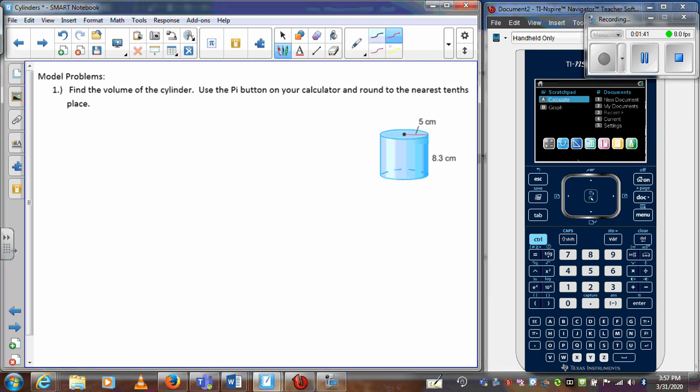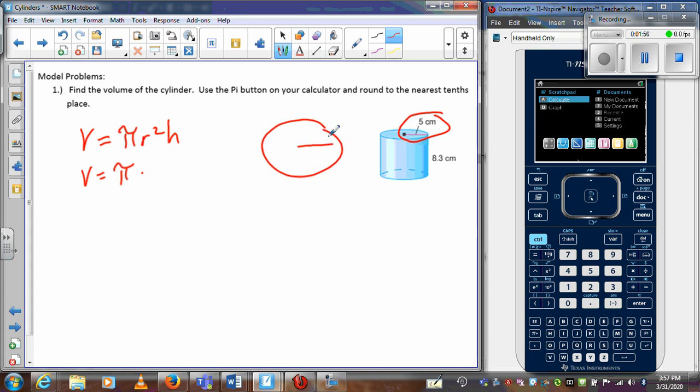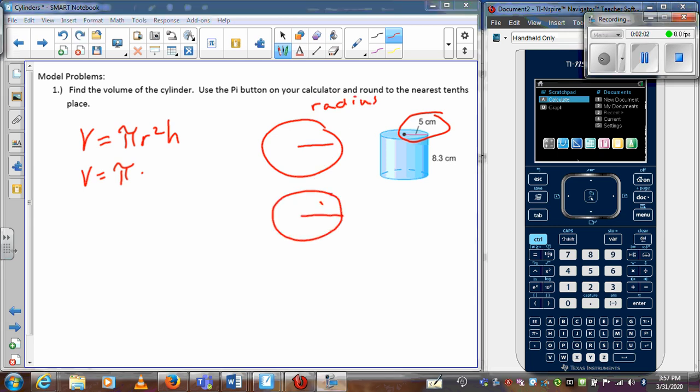So I'm going to use this for all of these questions. So volume is equal to pi r squared h. Volume is equal to pi times my radius. Well, radius goes halfway across a circle. So this would be a radius. And if you remember, if it goes all the way across, that's a diameter.